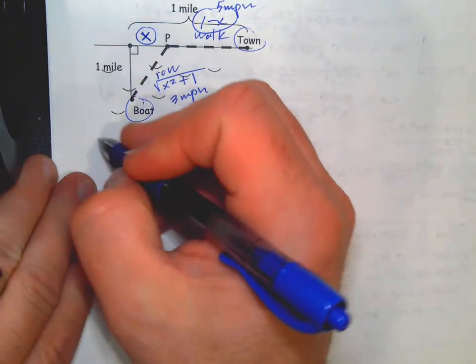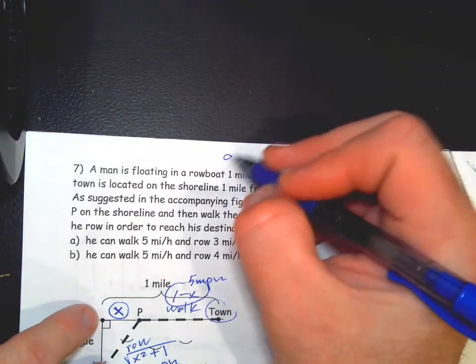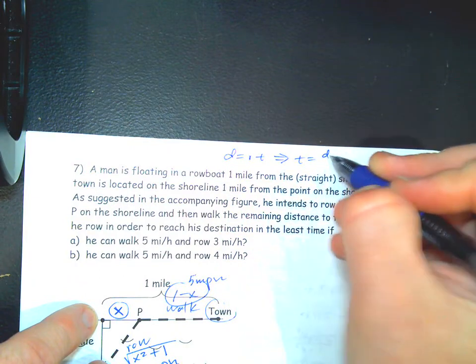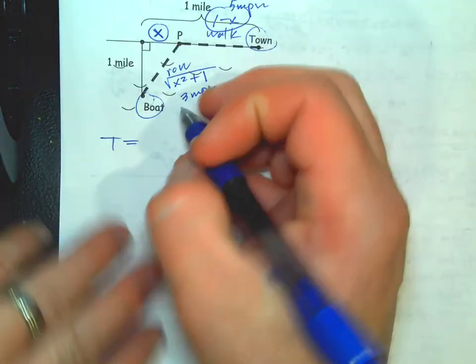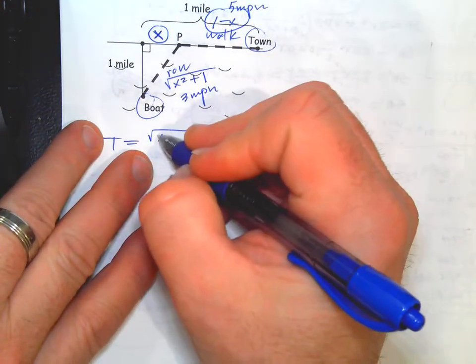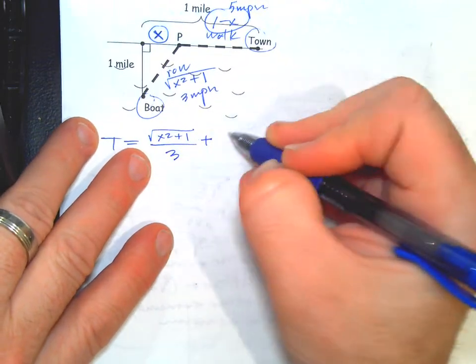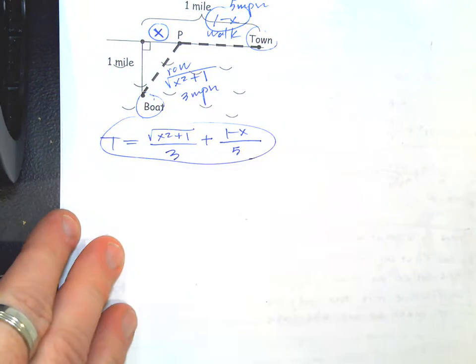Okay, so we want our time equation, which is, remember, d equals rt, so therefore t equals d over r. Distance, square root of x squared plus 1 over speed, plus distance over speed. So this is your time equation.